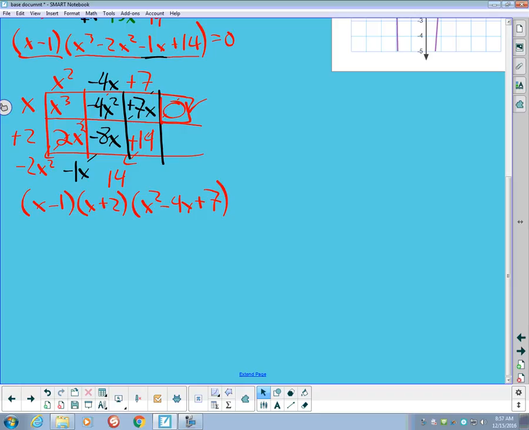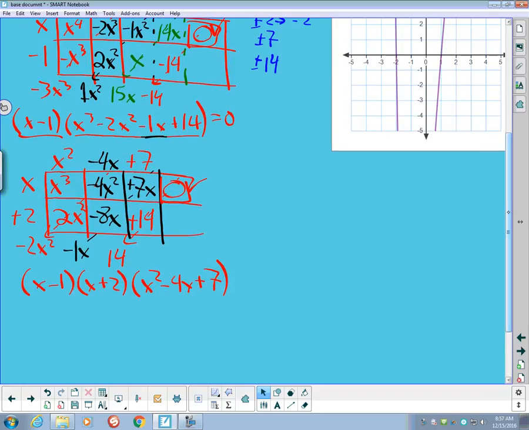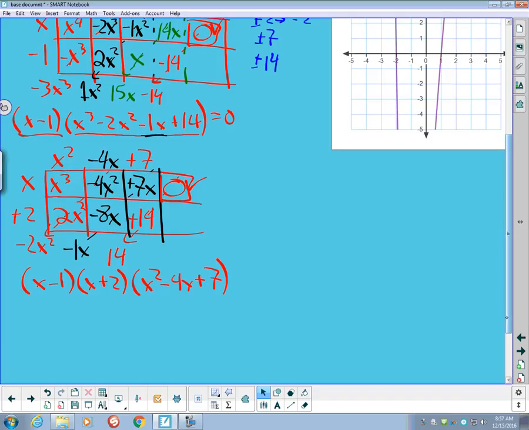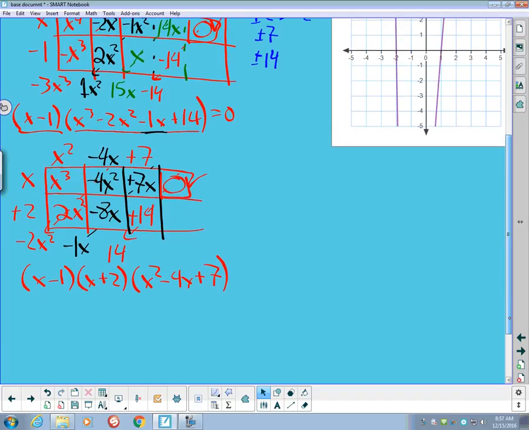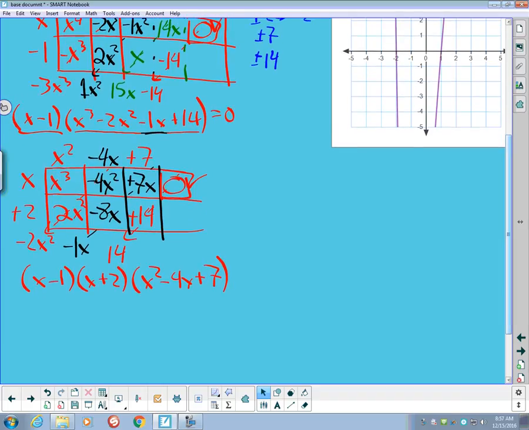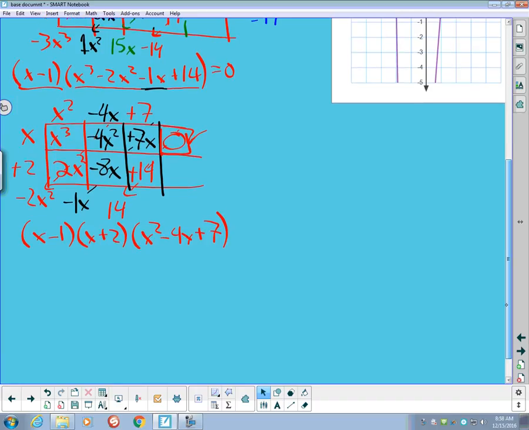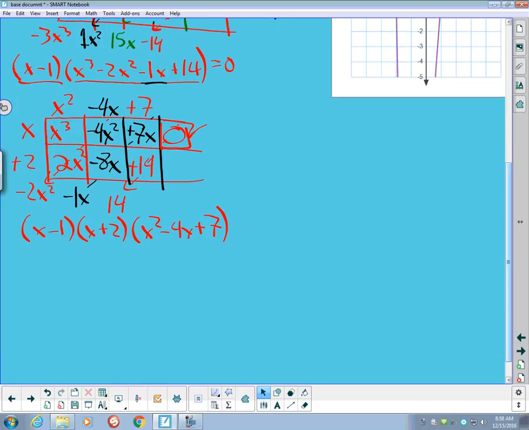My graph is telling me that the only answers that are possible are -2 and +1, and I've taken both of those out already, so what's left here must not factor, or I would have seen it show up in the graph. So I will verify that by checking the discriminant on just this part, now that I'm down to a quadratic.